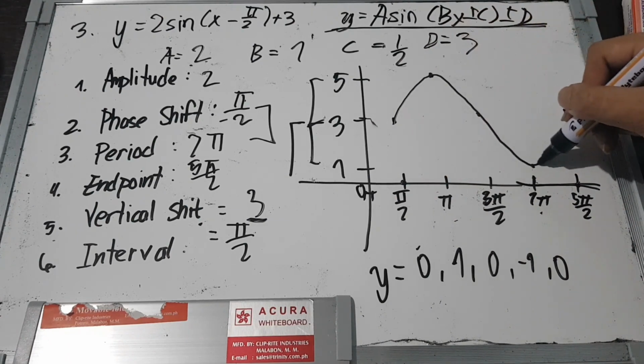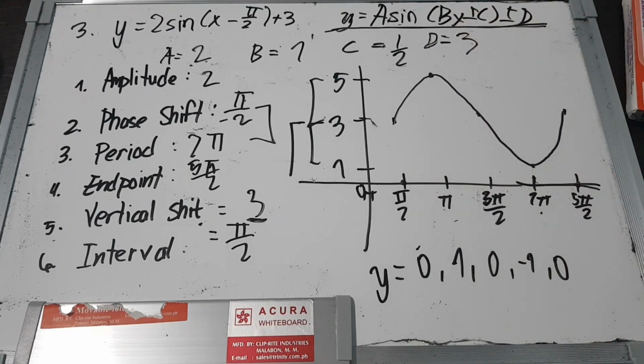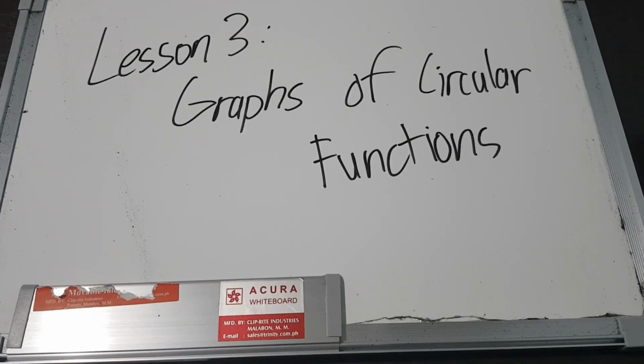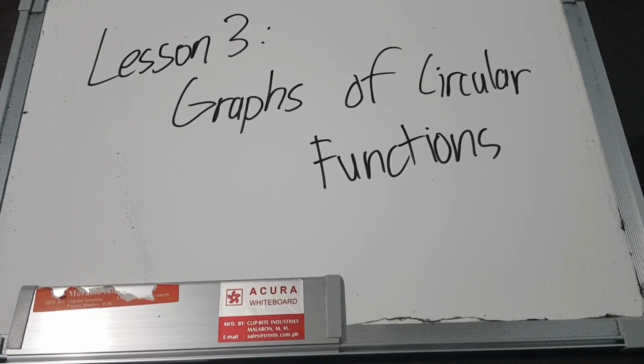Plot all those points, and we would have the graph of y equals 2 sine quantity x minus pi over 2 plus 3. That concludes Lesson 3, Graphs of Circular Functions.